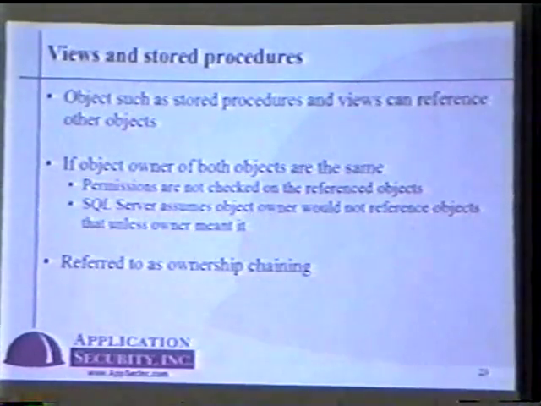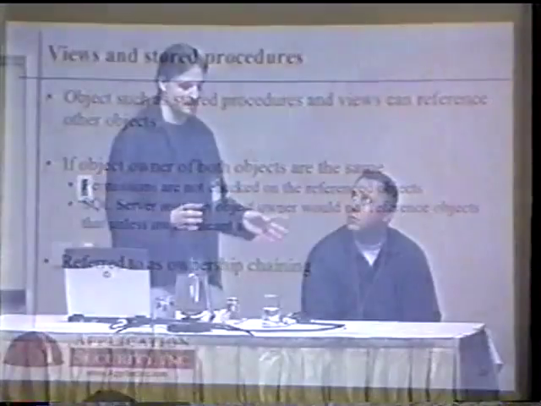This is called ownership chaining. For example, if a user creates a stored procedure, and all the referenced objects are also owned by the same user, and then another user, Mary, can execute that stored procedure, then Mary will have access to the underlying objects, no matter whether Mary has permission on them or not.